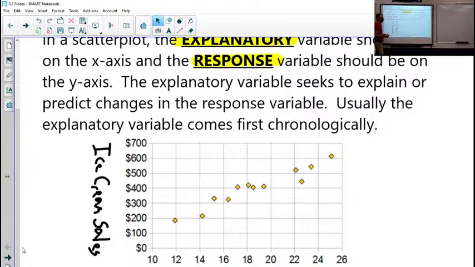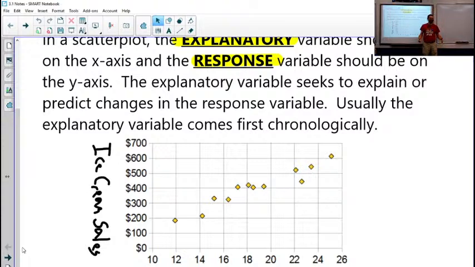So on the x-axis, you're going to put your explanatory variable. This is the variable that we think explains the response variable. So we think that there might be some sort of causing factor between the temperature and the ice cream sales, and we think it's in this direction, that the temperature is having some effect on how much people are getting ice cream.